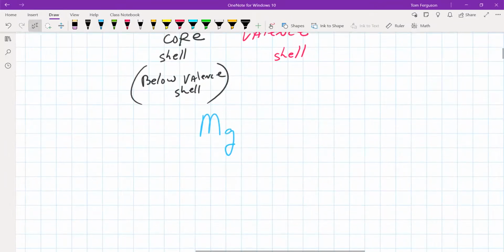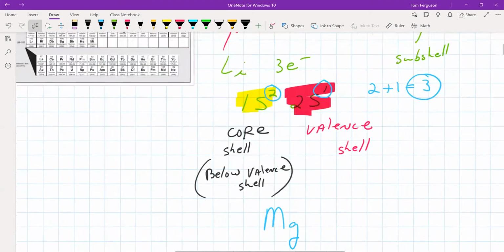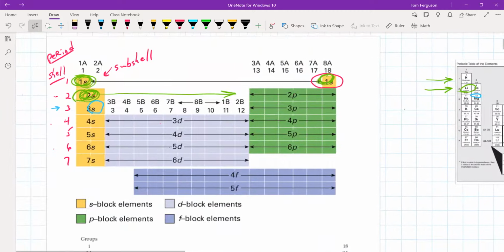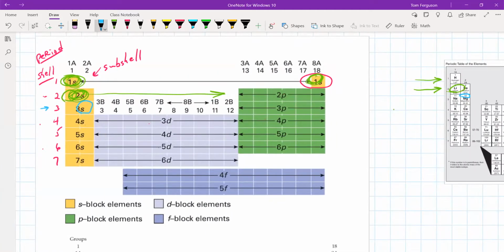Okay. So let's look at this here now. Okay, so how do we get to magnesium? Well, we've got shell 1 electrons, shell 2 electrons, shell 3 electrons. So if we go along this path to get to magnesium, we are going to go through all the levels of shells and subshells.